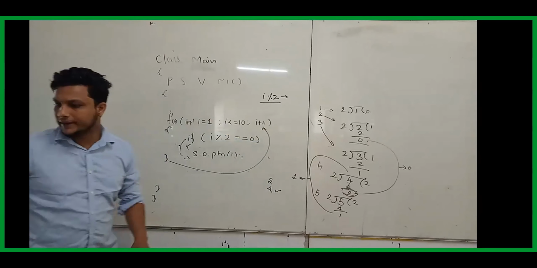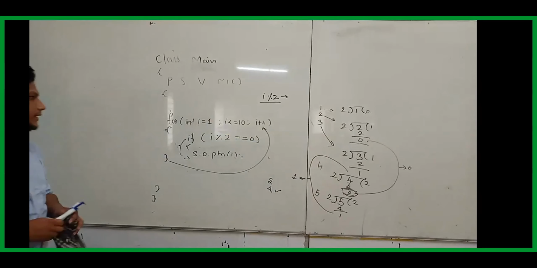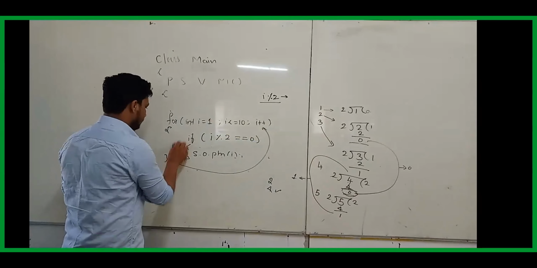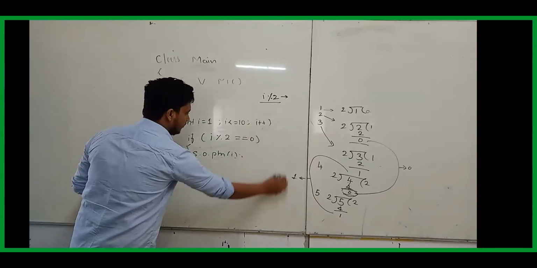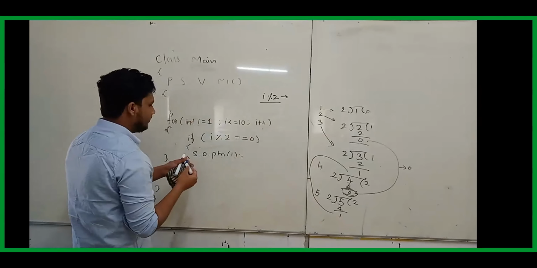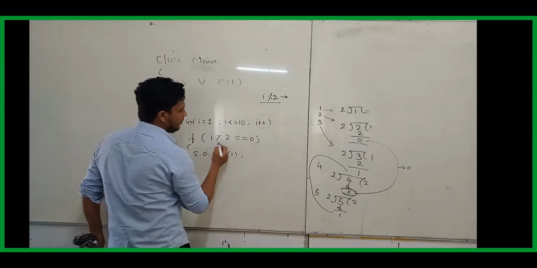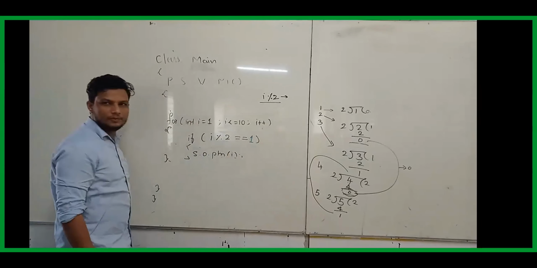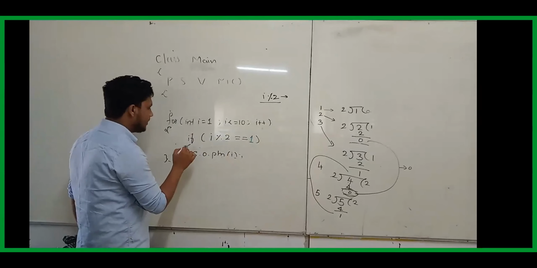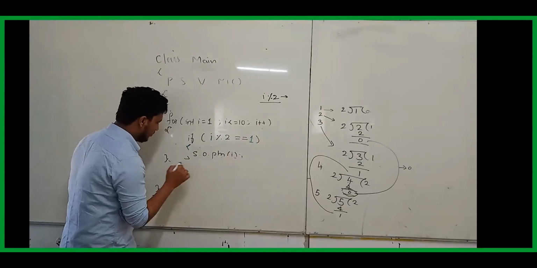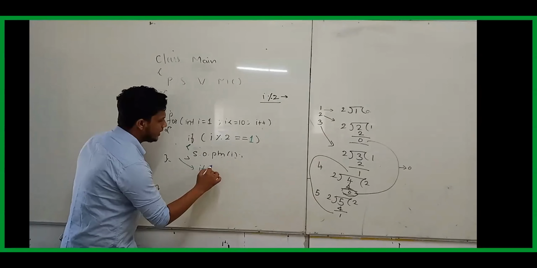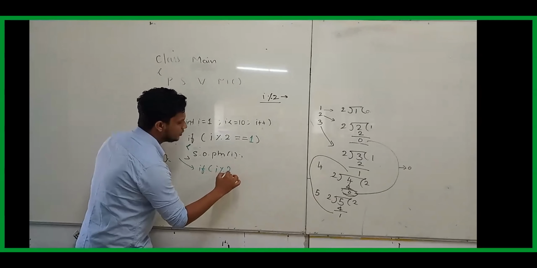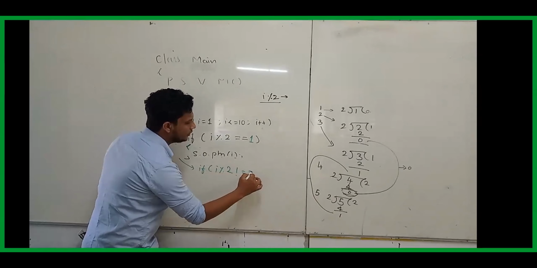So you can write this program in 2 ways. Okay, you can make it as if i percentage 2 equal to 1. This is one possibility. Apart from that, you can write one more if condition, that is if i percentage 2 is not equal to 0.